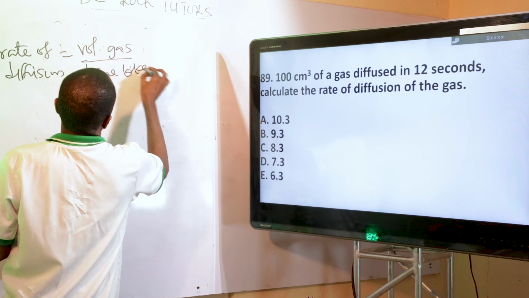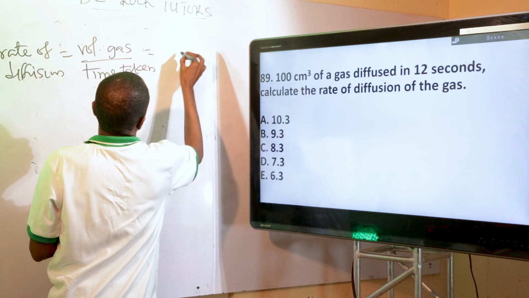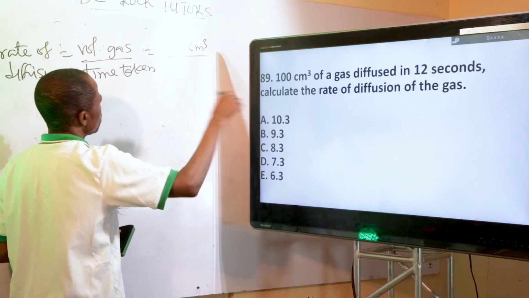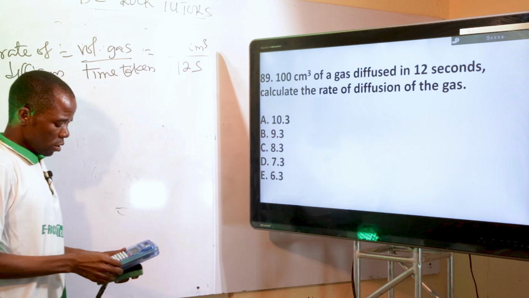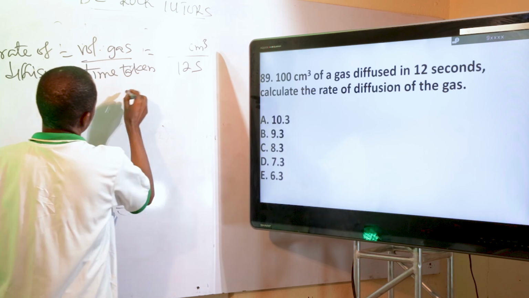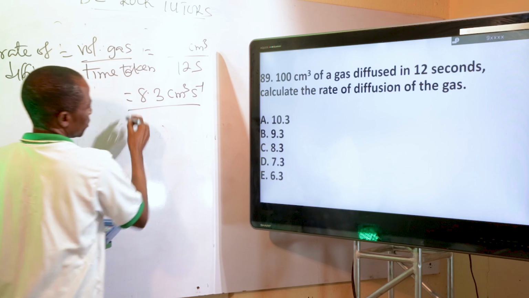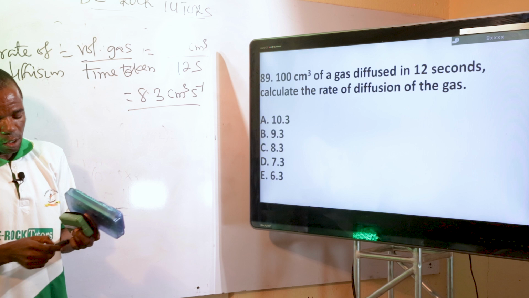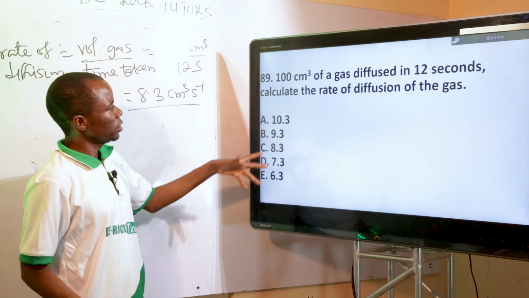According to this question, the volume of the gas is 100 cm cube, divided by how much time? That's 12 seconds. Using our calculator, 100 divided by 12 gives us 8.3 centimeter cube per second. So looking at the options, the correct answer is option C, which is 8.3 centimeter cube per second, even though the unit is not stated there.